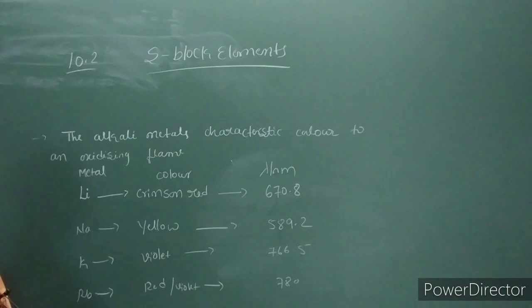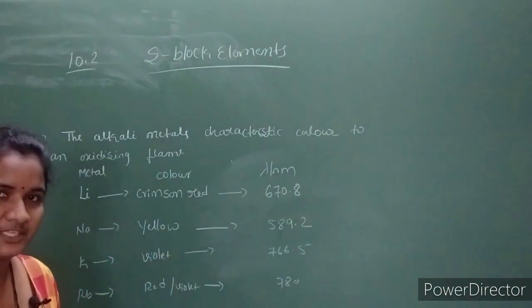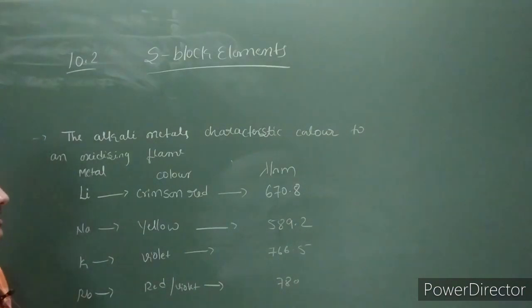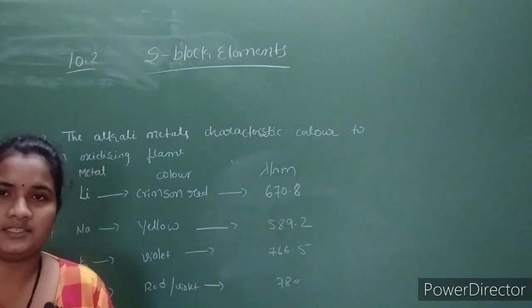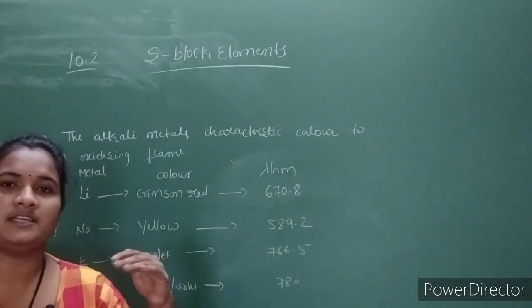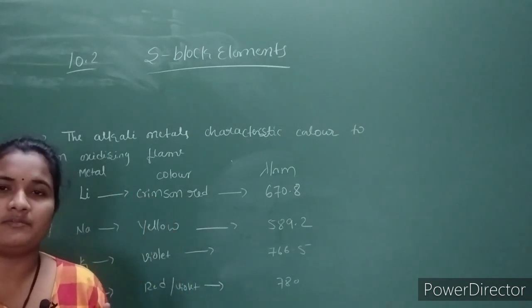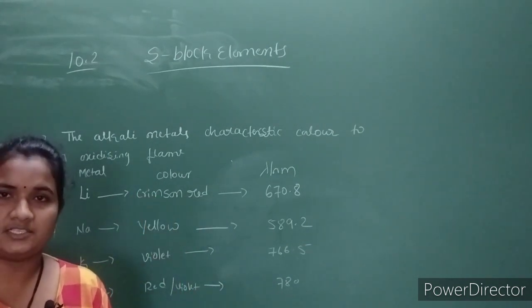That is why it is very easy to identify the alkali metals by the help of the flame test or flame photometry. In this way the alkali metals give a characteristic color to an oxidizing flame. This is because the outermost orbital electron absorbs the heat energy and enters the excited state, and while coming back to the ground level it emits radiations.